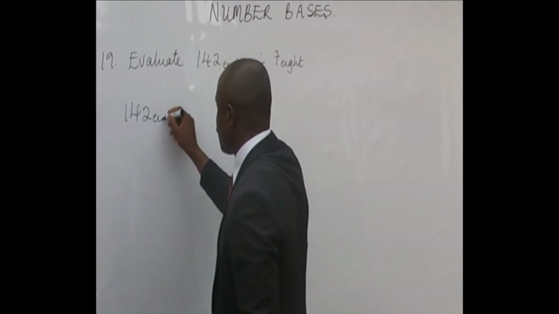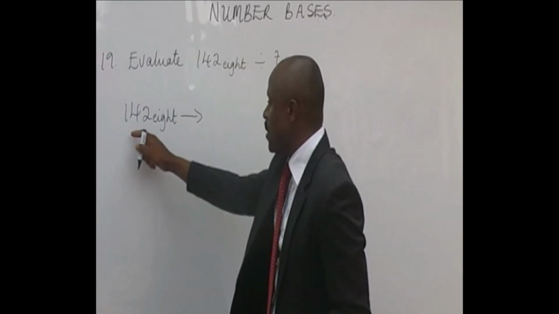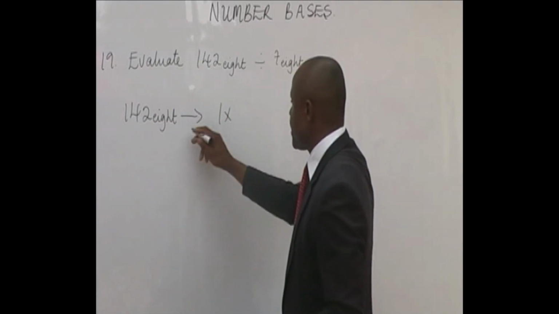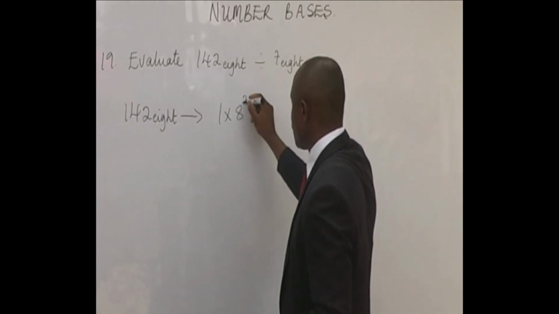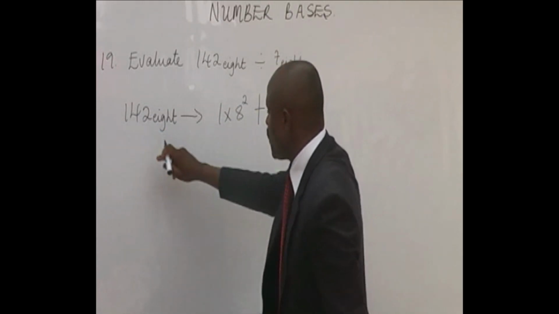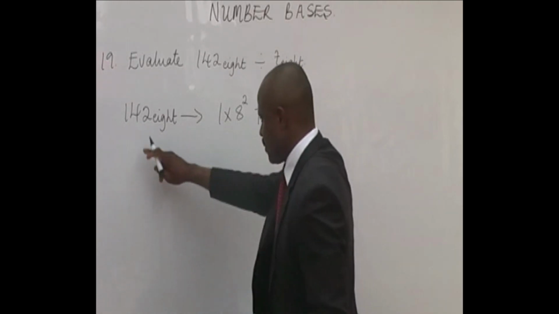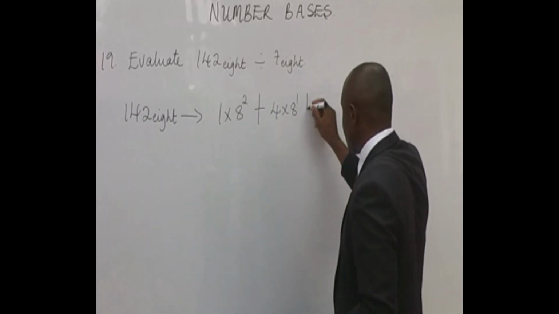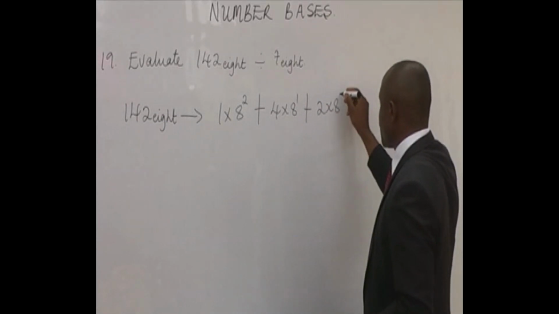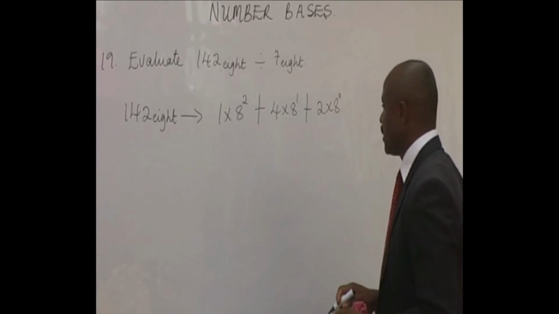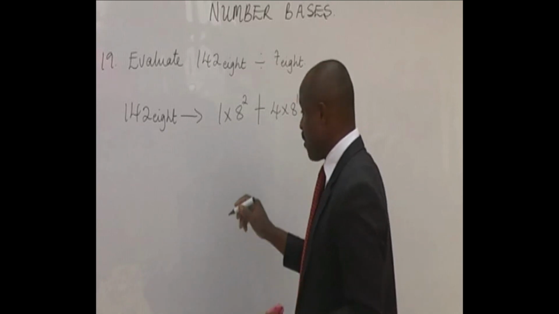142 base 8. If you want to convert it to base 10, it's going to be 1 times its base, which is 8, exponent 2, the remaining 2 digits, plus 4 times 8 exponent the remaining 1 digit, plus 2 times 8 exponent no digits remaining. 8 squared is 64. 64 times 1 will give you 64.